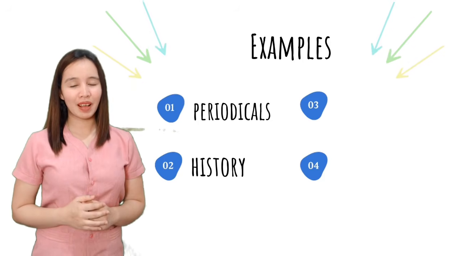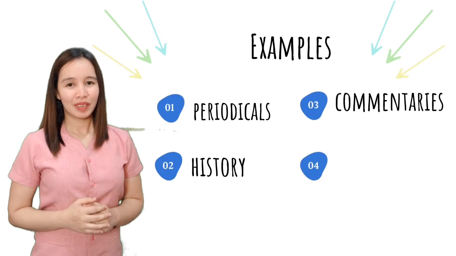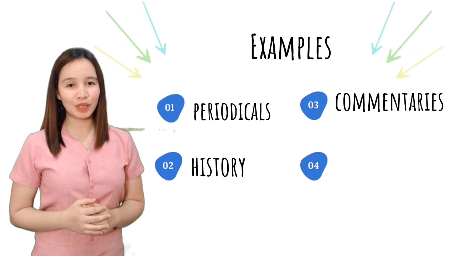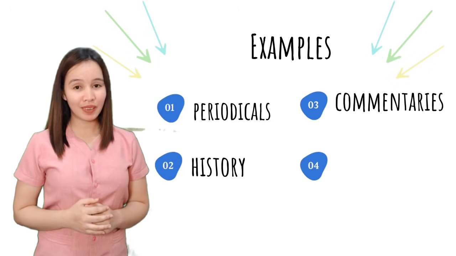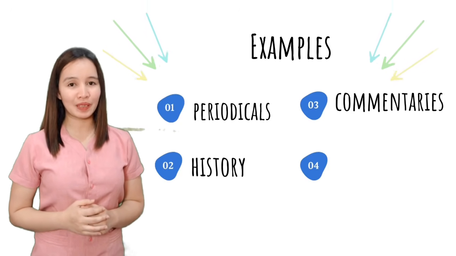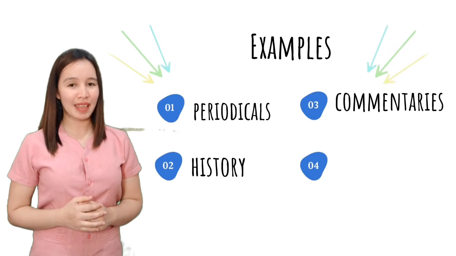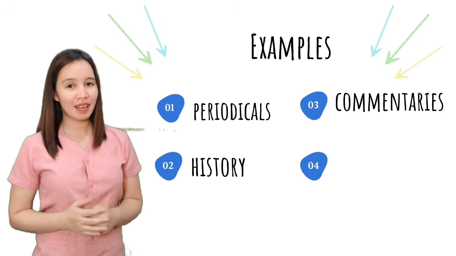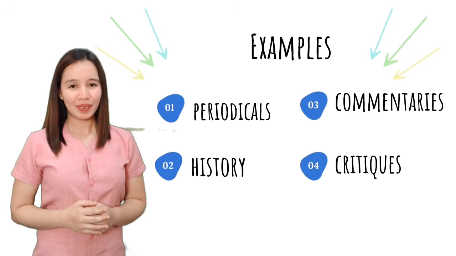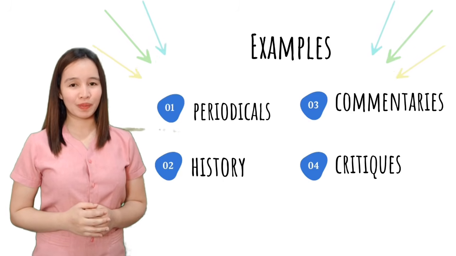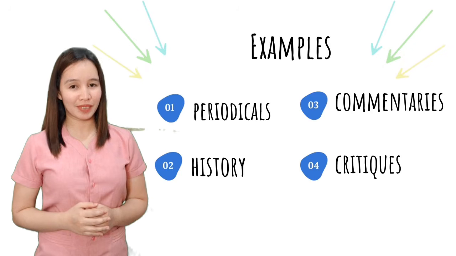Third, commentaries. Commentaries are spoken description of an event on the radio or television that is broadcast as the event happens. And lastly, number 4, critics. Critics are reports of something that provide judgment.